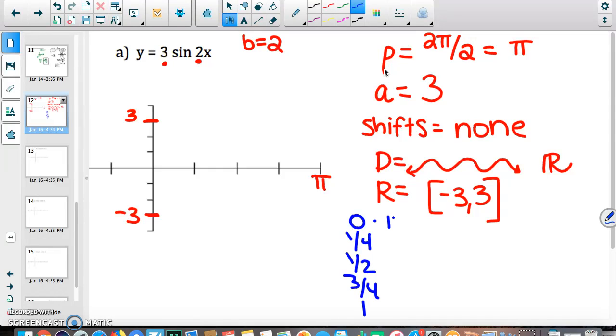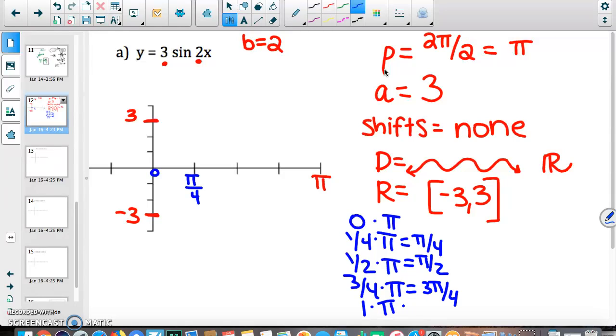You multiply your period by our quarters, right, our subintervals. And this is pretty easy, right? 0 times pi is just 0. 1/4 times pi is just pi over 4, and so on and so forth. First one 0. All right, so those are our subintervals, and now it looks like we're ready to graph.